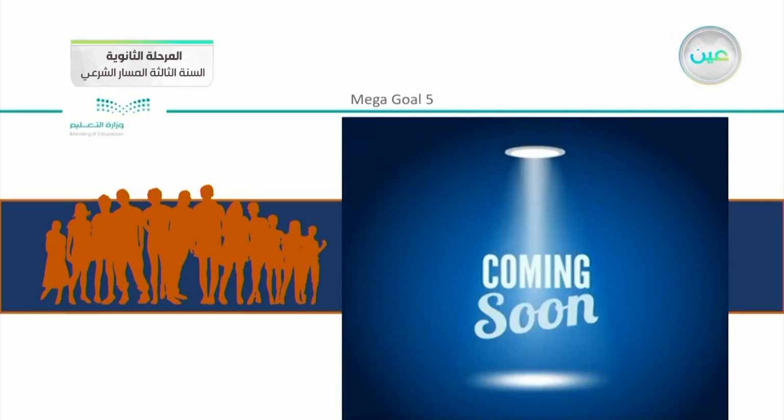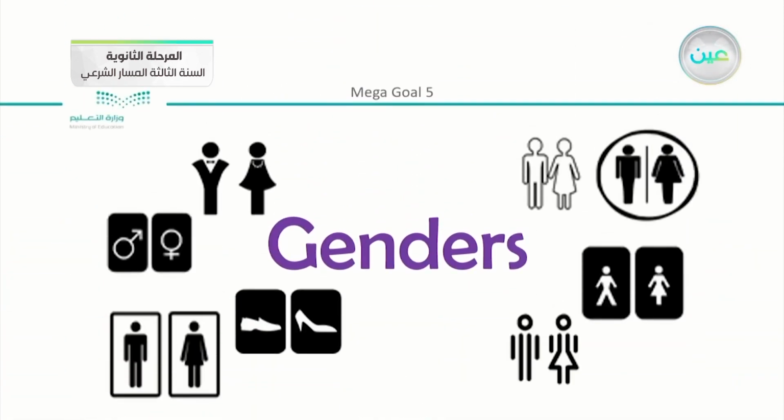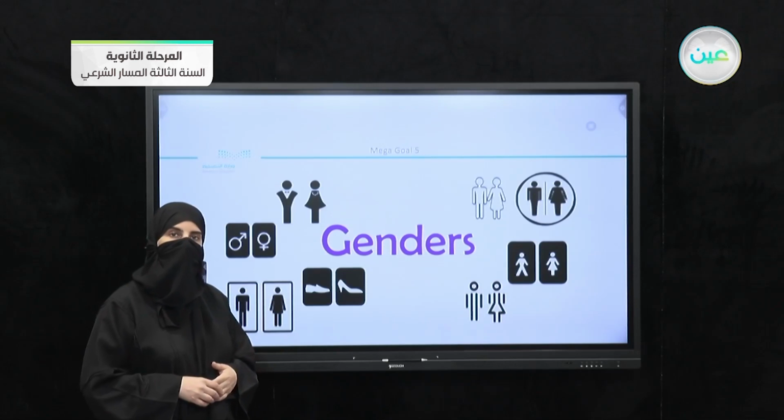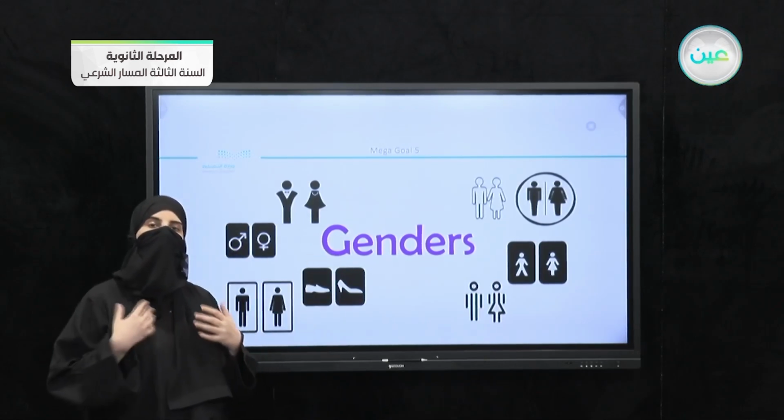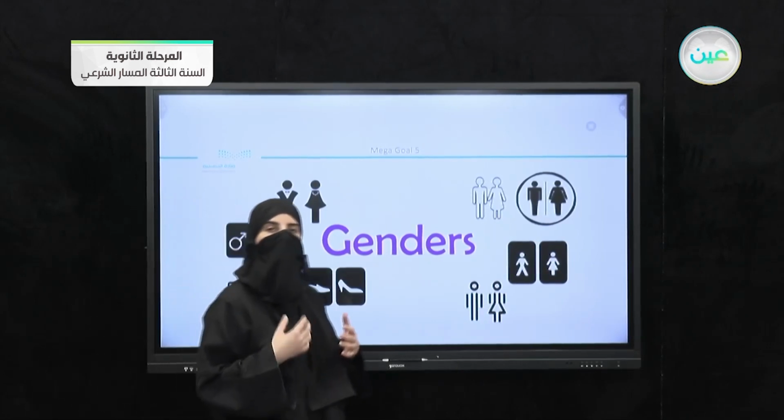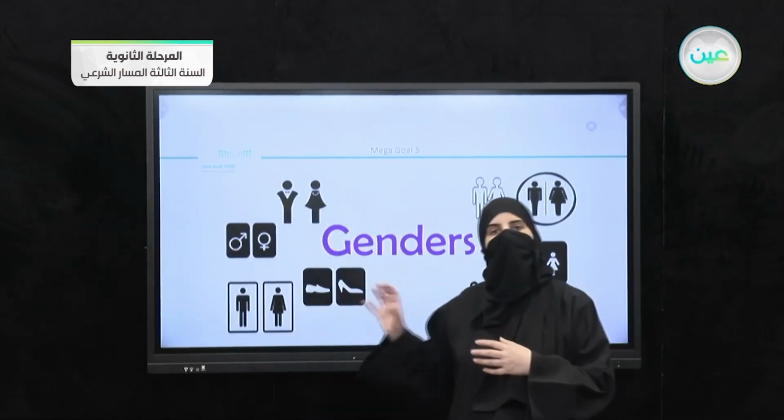Now we are going to move on and see our new unit, which is going to be the last unit, inshallah, that we have here. We can see these different genders, and there are different ways to introduce the gender or the type. We are familiar with the different icons that we have here.